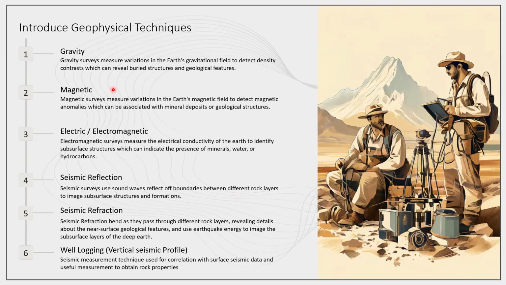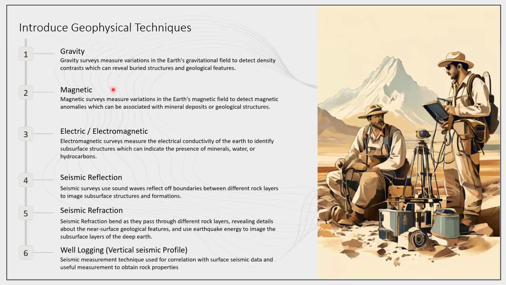We know that we have 6 techniques that we use: gravity, magnetic, electromagnetic and electric, seismic reflection, seismic refraction, and vertical seismic profile, or VSP, which is inside the well. With gravity, we use the gravitational force of the Earth, and we can see buried structures and any geological feature.